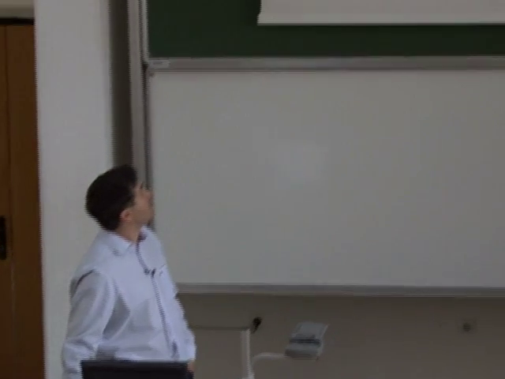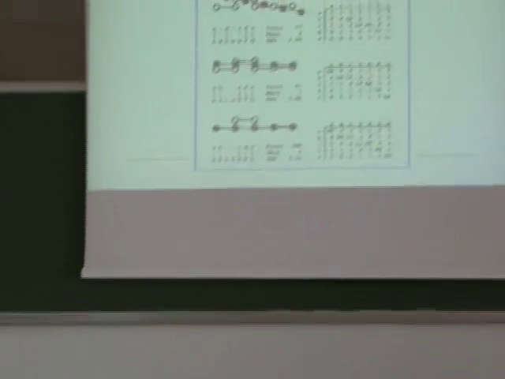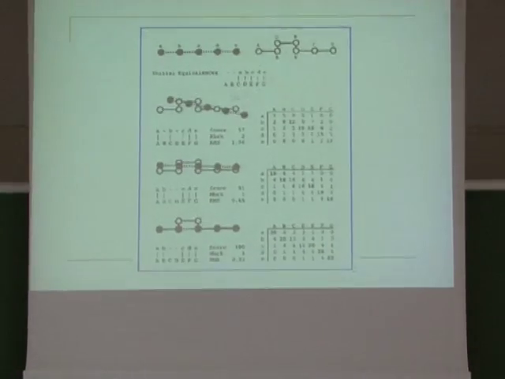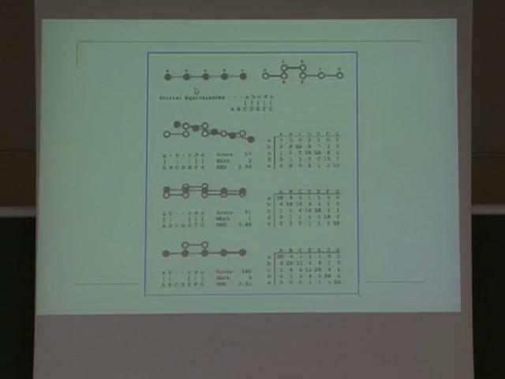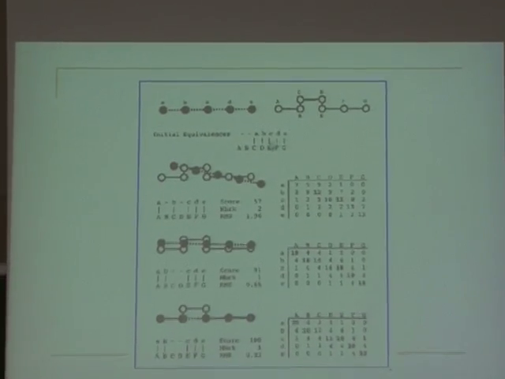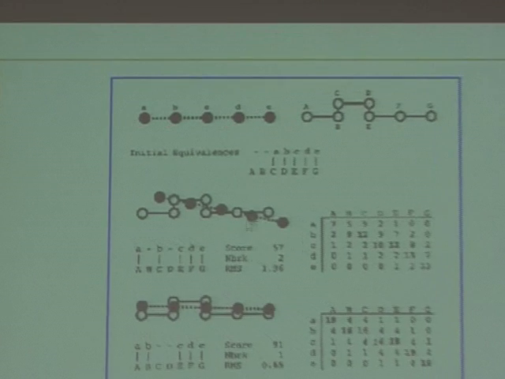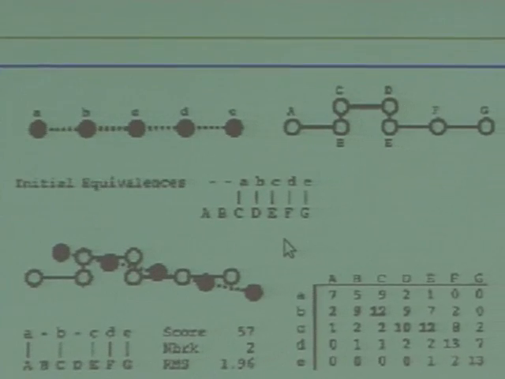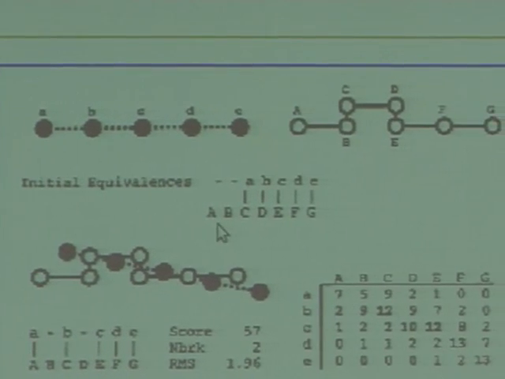This is an example which structal runs. What we were doing in structal, starting with an initial arbitrary alignment of amino acids, matching of amino acids, we use superimposition.